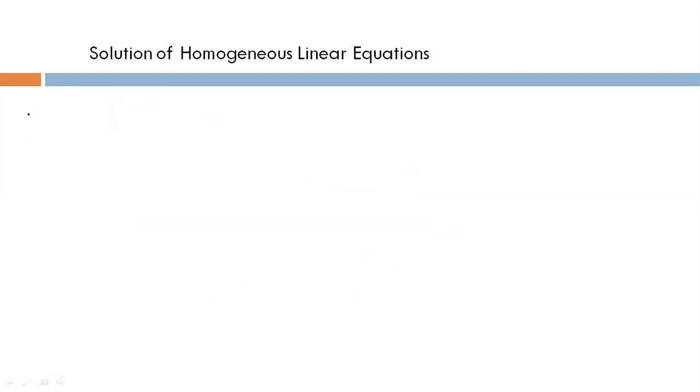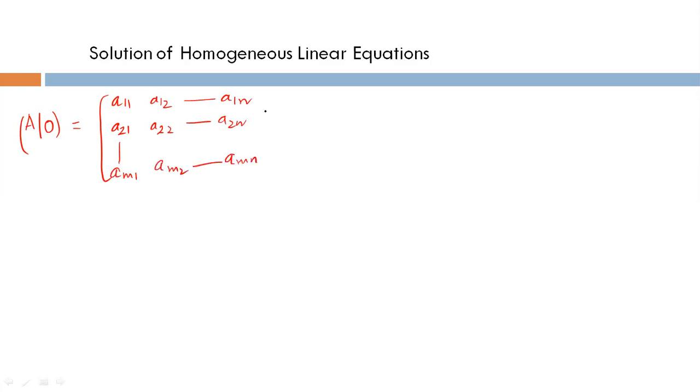Now, if we write augmented matrix A by null matrix O, it is a11, a12 and so on a1n, a21, a22, a2n, am1, am2 and so on amn, and this partition is 0, 0, 0. In the case of non-homogeneous, it was the partition of matrix B, but in this case B matrix is null matrix.